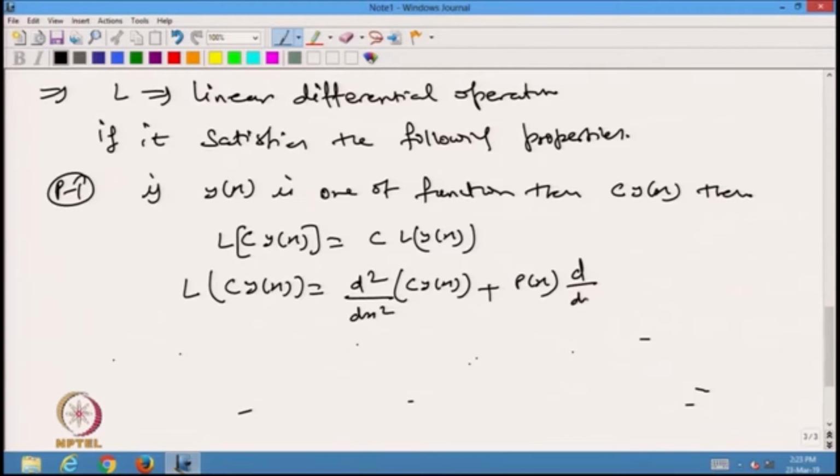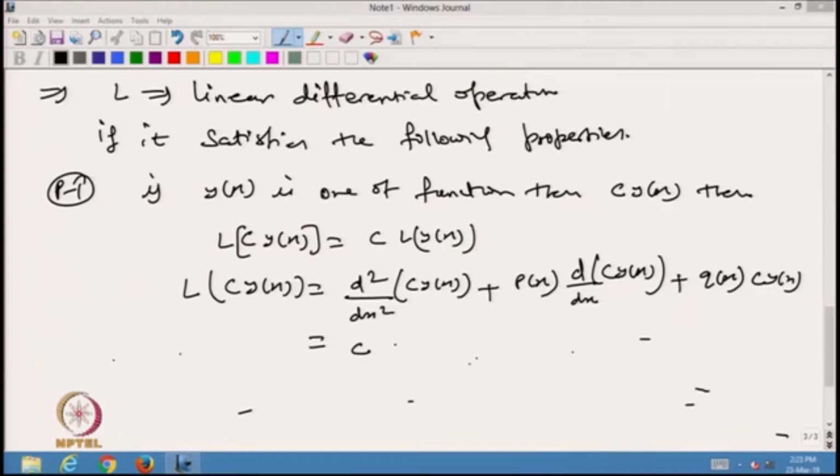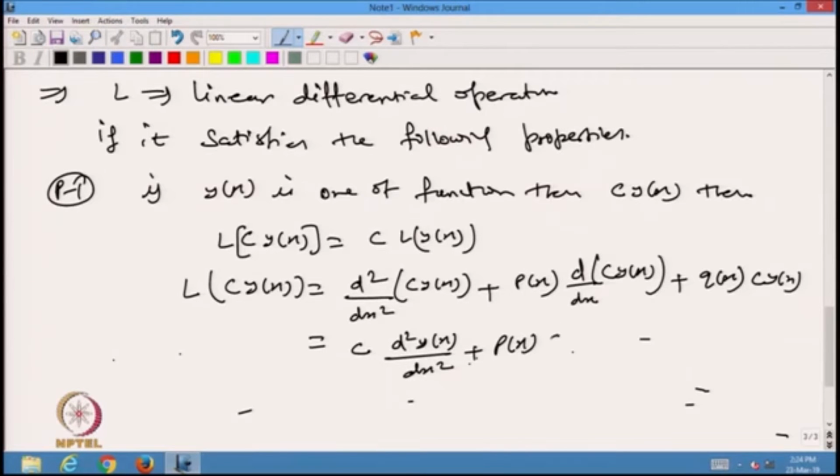Now, C is a constant, so I can take this constant common from here, and then it becomes C times d square y(x) by dx square plus p(x) d by dx and q(x) y(x).